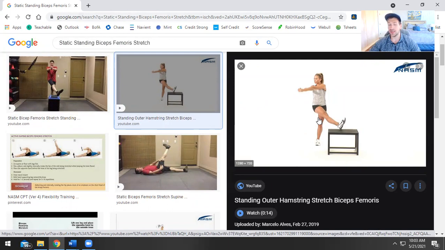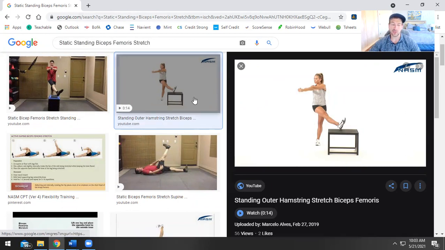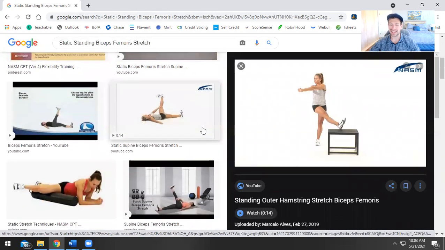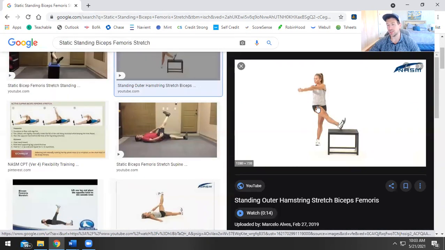So what you're doing here, it kind of looks like you're internally rotating when you take your thigh across the body like this. But if you look at the relationship here, right? Her body's going this way, it's rotating this way. That rotational movement is external rotation. She's stretching the outside part of her hamstring here. This is your biceps femoris stretch.